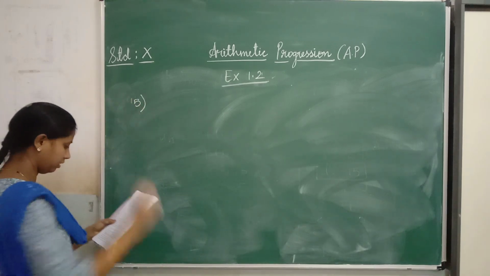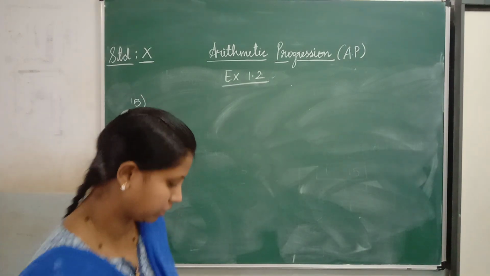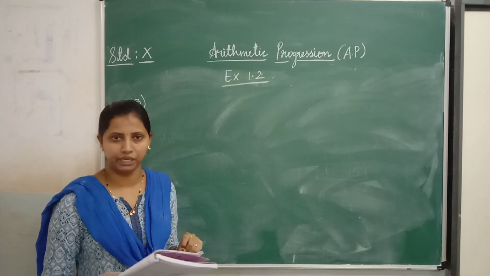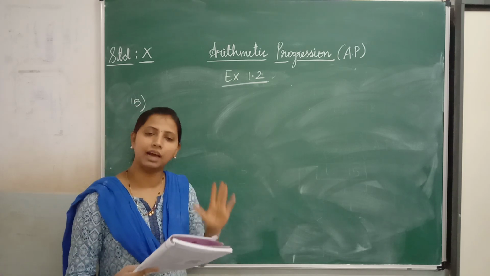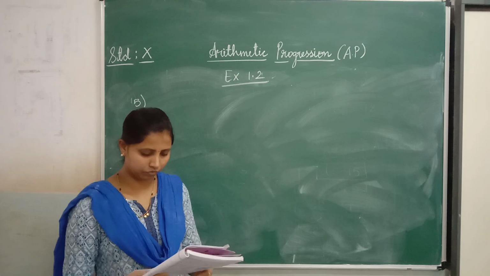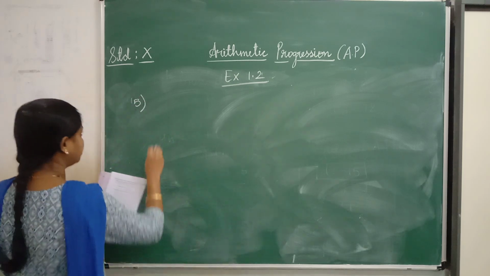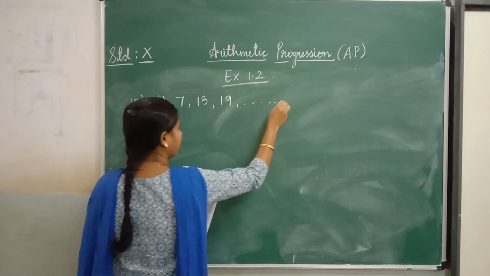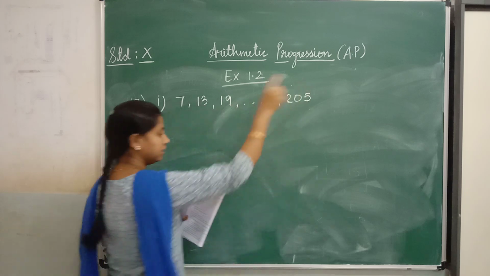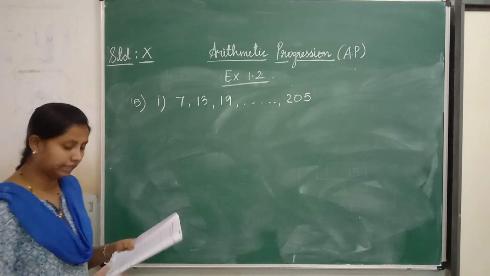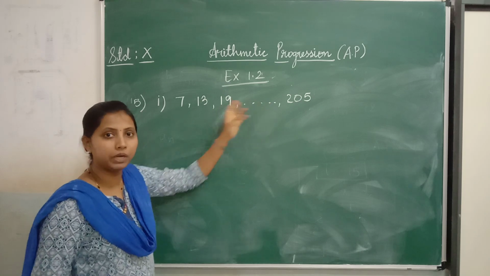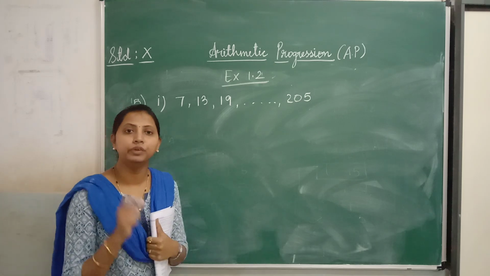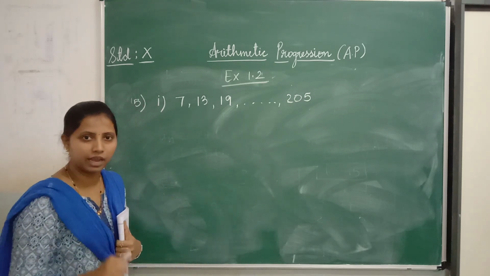So what is fifth main? Fifth main, two questions are there. So you have to find the number of terms. Again you have to use a plus n minus 1 into d.